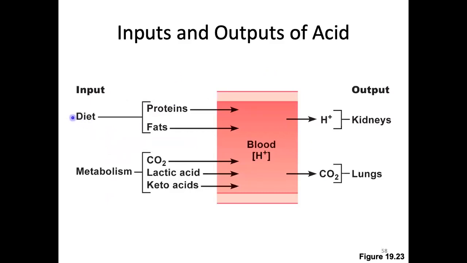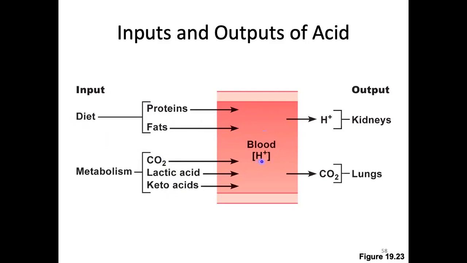So we really want to regulate your blood pH. Inputs of acid come from your diet, and from proteins and fats through metabolism. Breaking down proteins is going to give you protons, right? From metabolism, CO2, lactic acid, and your keto acids are going to increase blood H plus, or blood protons, as well.